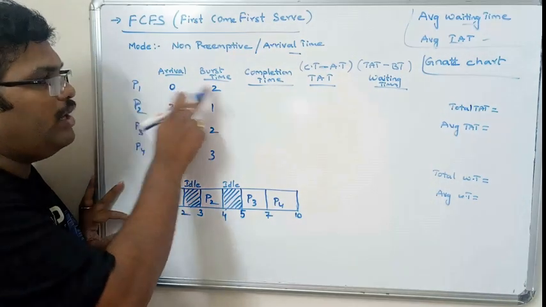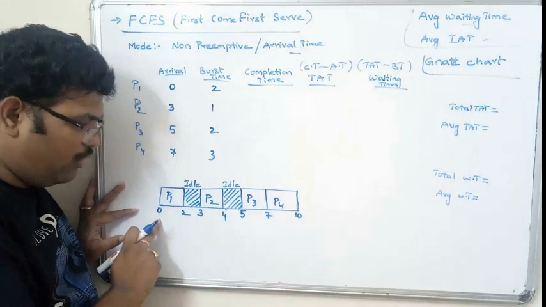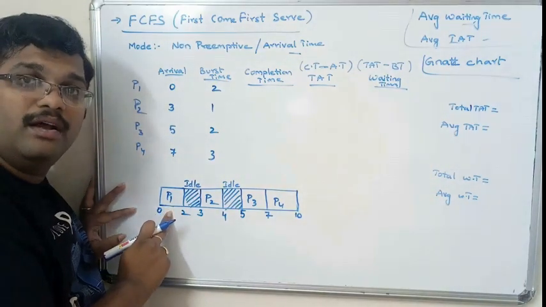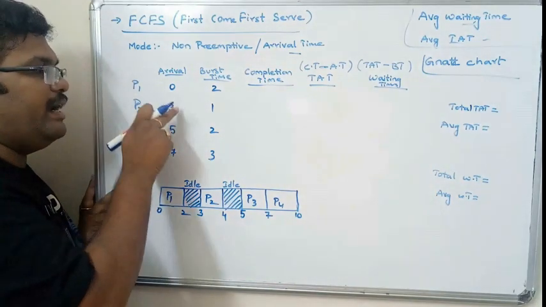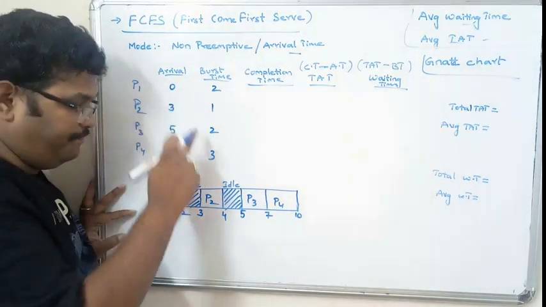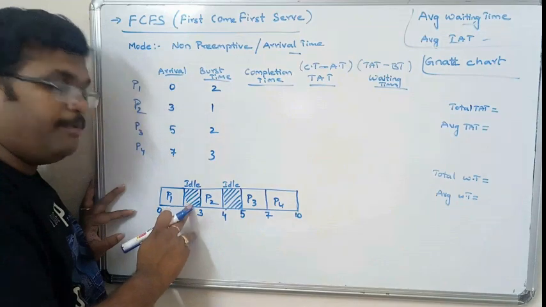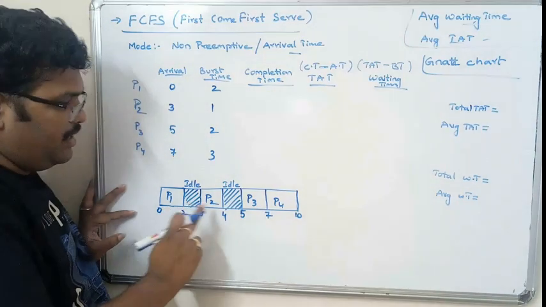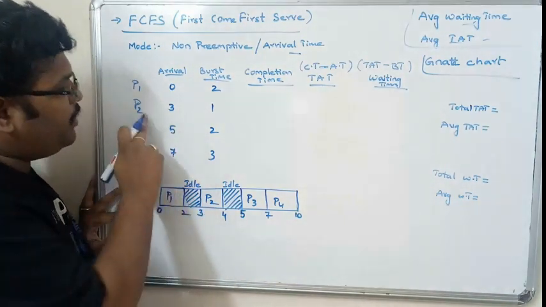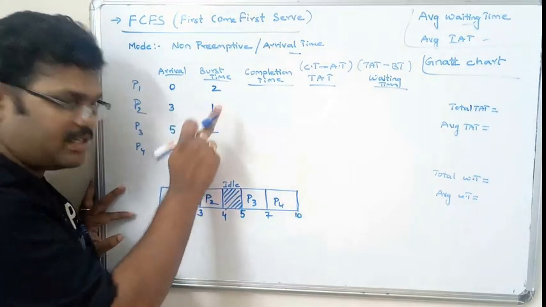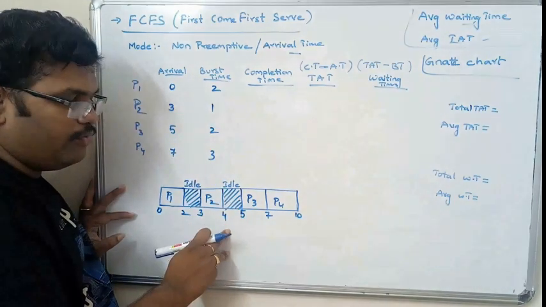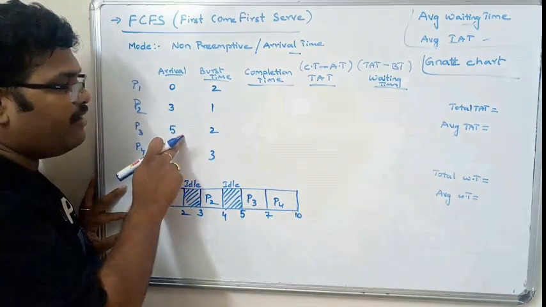So P1 arrived at 0 and takes 2 milliseconds. So from 0 to 2, P1 is executed by the CPU, and P2 arrives at the 3rd millisecond. So from 2 to 3, the CPU will be in idle state, and at 3, P2 arrived. It takes only 1 millisecond to execute, so P2 is executed from 3 to 4, and again P3 arrives at 5.